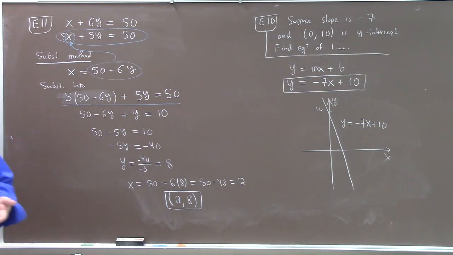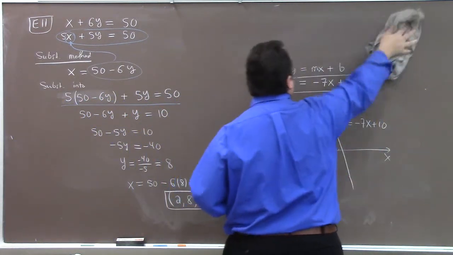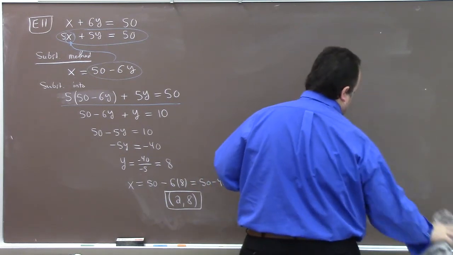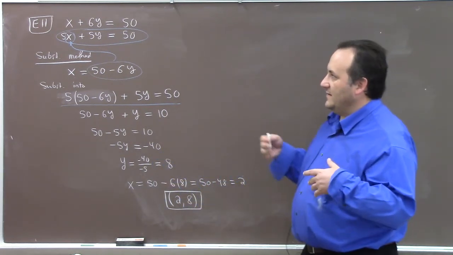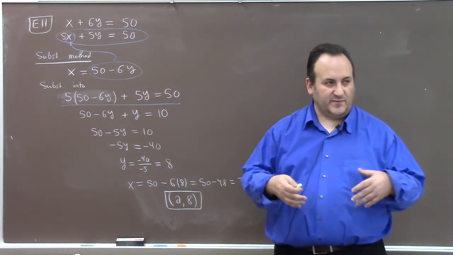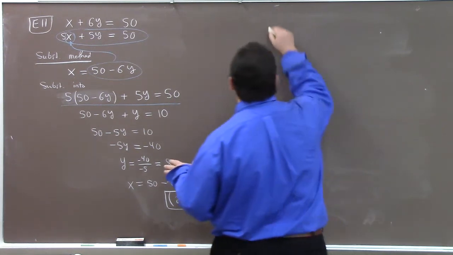The elimination method, right? If you were going to do elimination on this problem, how would you have done it? Let's not do it, because I think substitution is the right method for this problem.